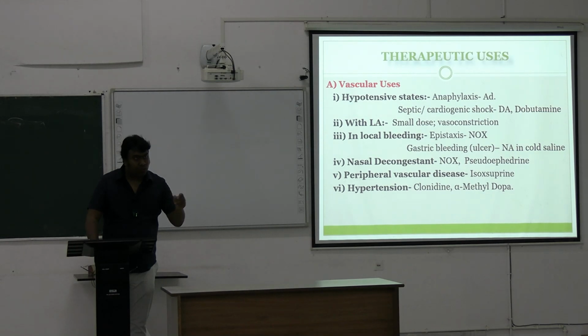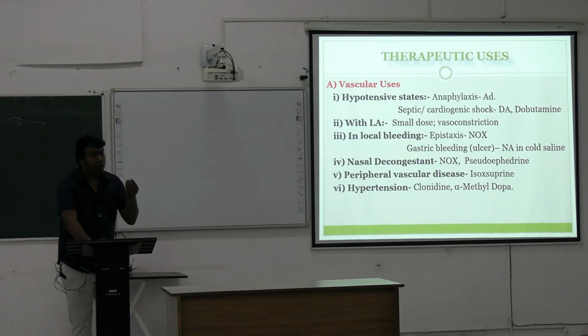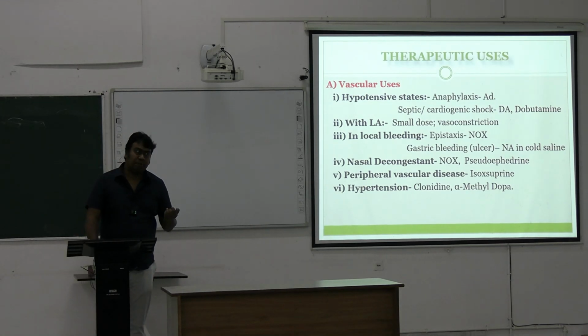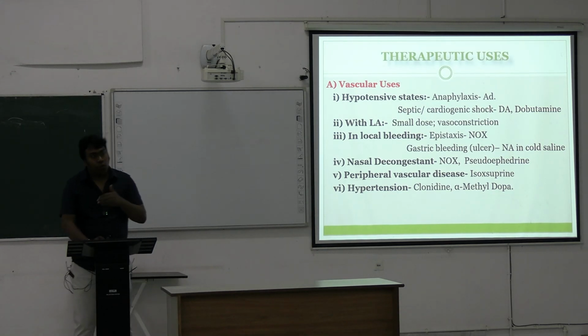Number two, less systemic side effects, as less local anesthetic goes into the systemic circulation, and there will be less bleeding, so the operative site will be clear. So there are 3 points why we use adrenaline along with local anesthetics.